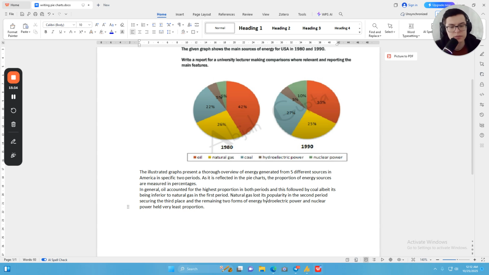Natural gas lost its popularity in the period, securing third place, and the remaining two forms of energy, hydroelectric power and nuclear power, held very little percentage.